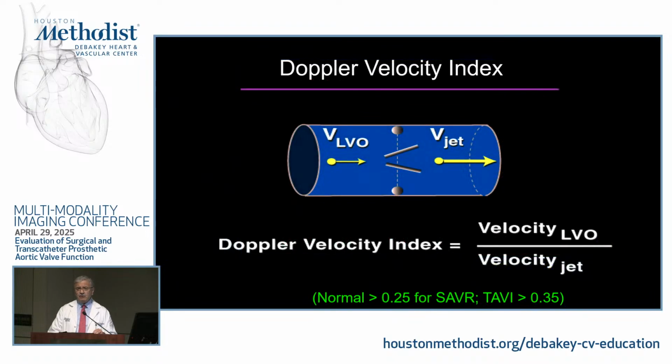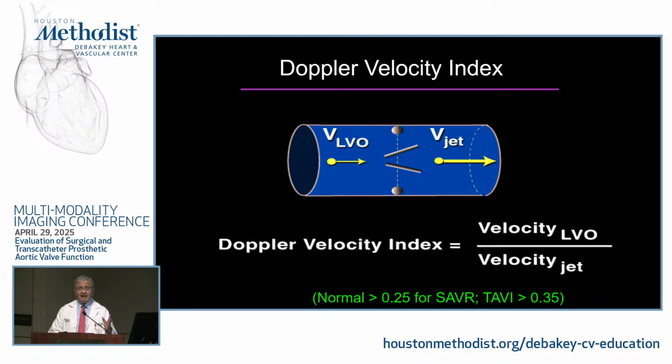A simplification of the continuity equation is the Doppler velocity index. We proposed this many years ago, actually as part of the Chafizadeh paper in 1991, and it used to be called the dimensionless index. What it is in the aortic position is basically how much this velocity accelerated from the LV outflow tract through the valve per se.